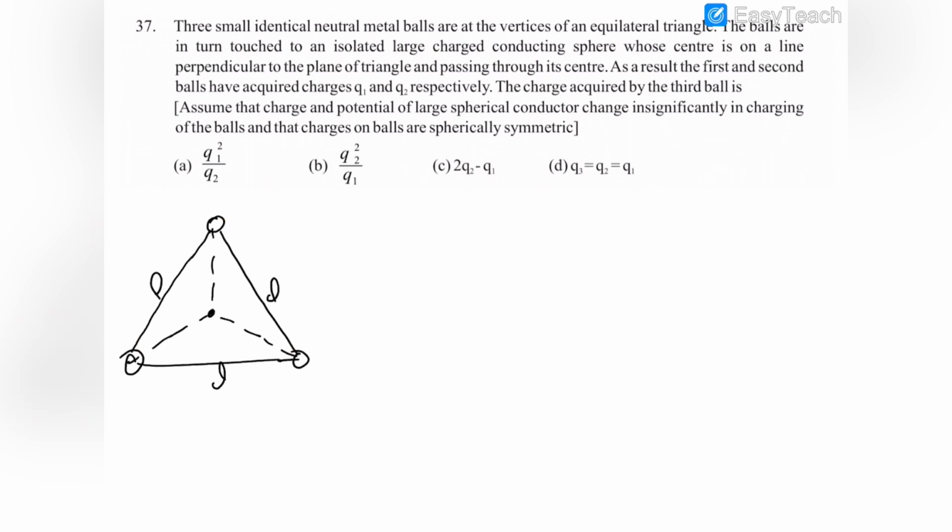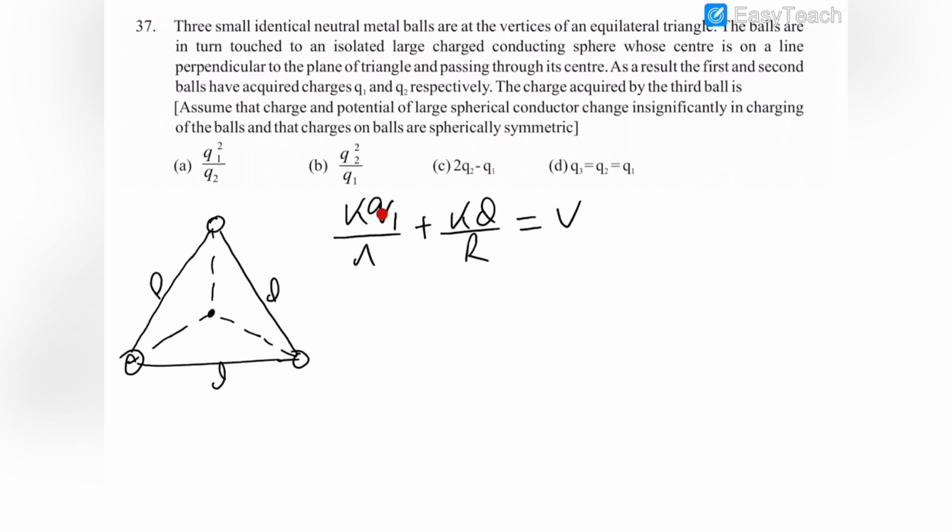At the time when it is acquiring the charge, the potential of this ball will be k q1 by r, where r is the radius of this small ball, plus kQ by R, where the radius of the bigger sphere is capital R and the charge on it is Q, I have assumed, and this is equal to V, where V is the potential of the bigger sphere.